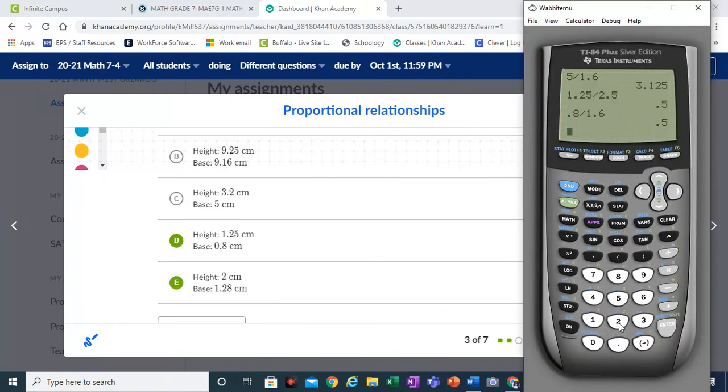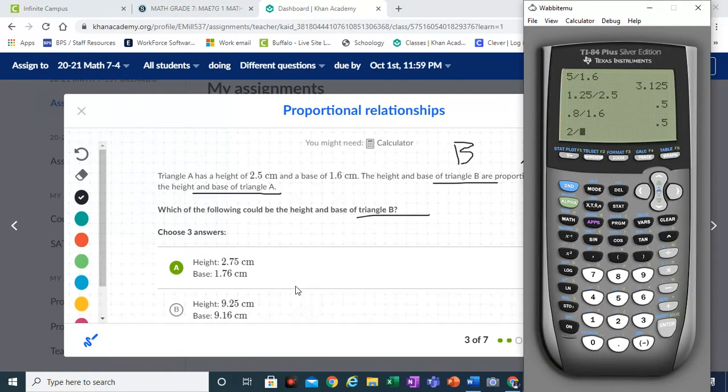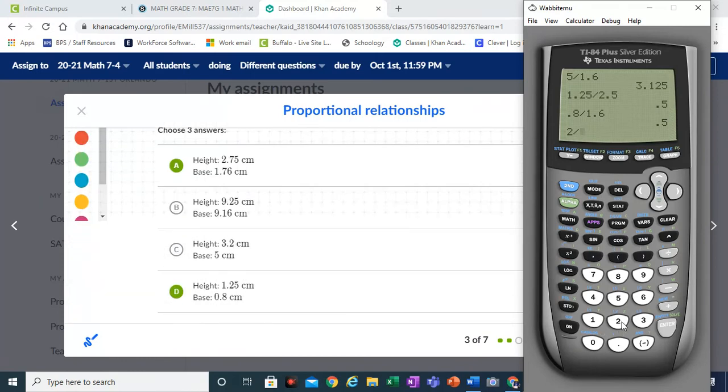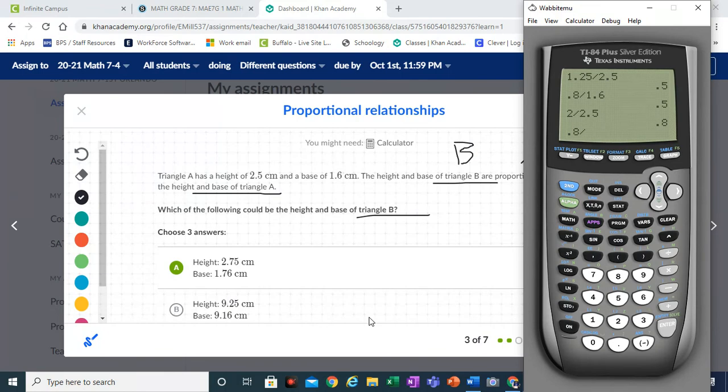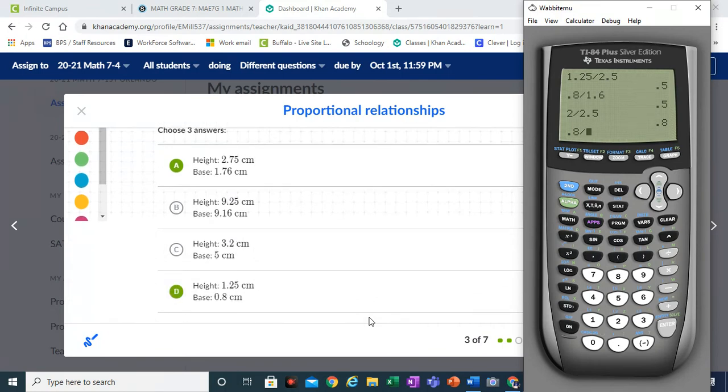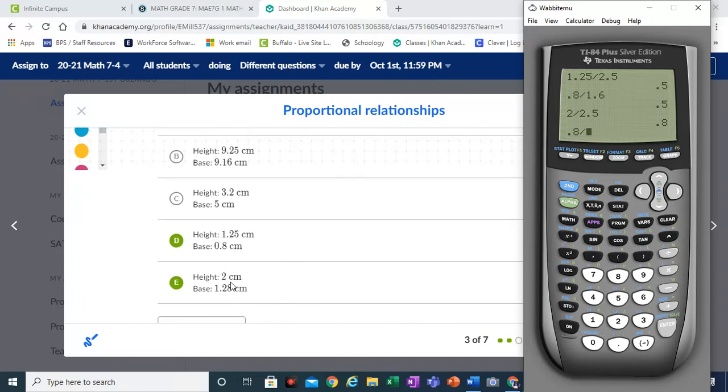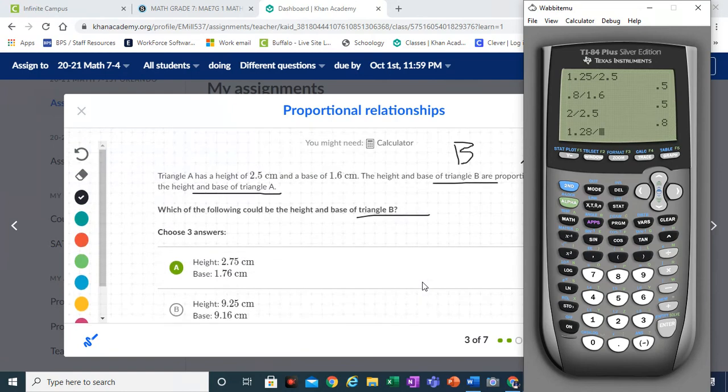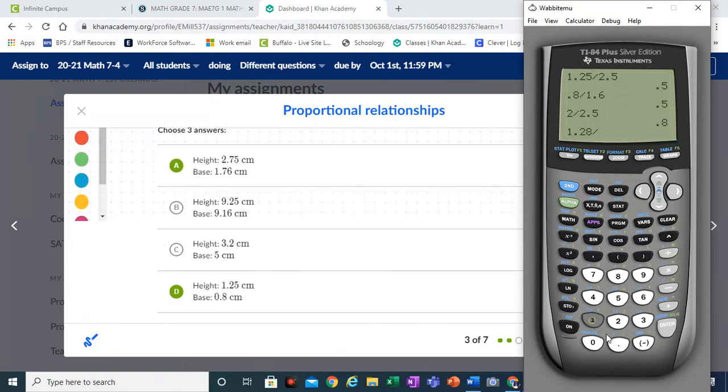So looking at this, we have 2 divided by 2.5, because again, height over height. And then we have 0.8 divided by, not point, sorry, 1.28. 1.28 divided by 1.6.